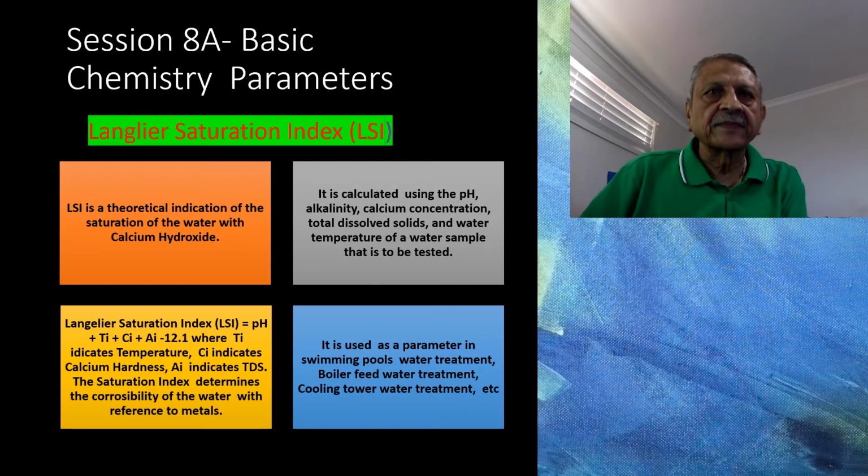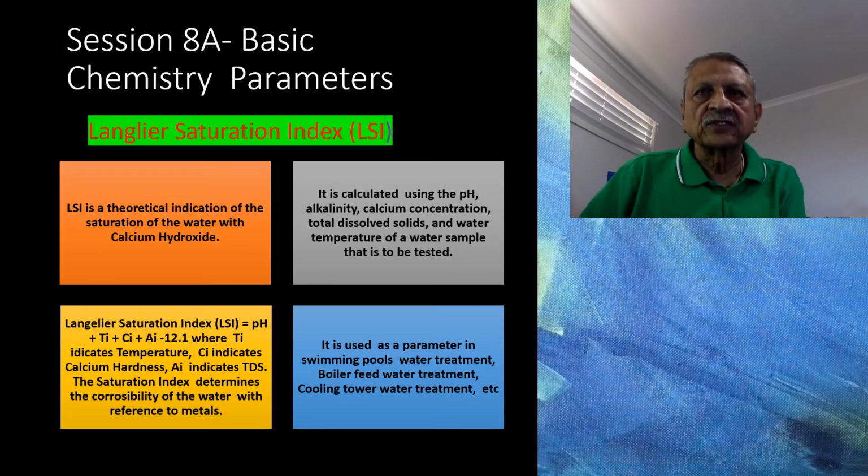Obviously, the presence of calcium hydroxide actually increases the pH, and therefore the higher the LSI, the less corrosive the water sample is. The lower the LSI, the more corrosive the water sample is.